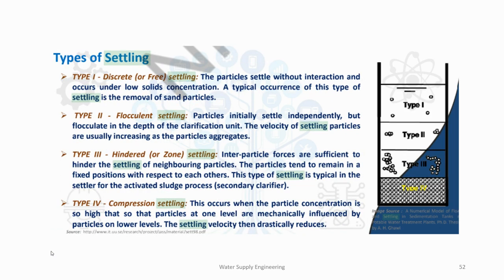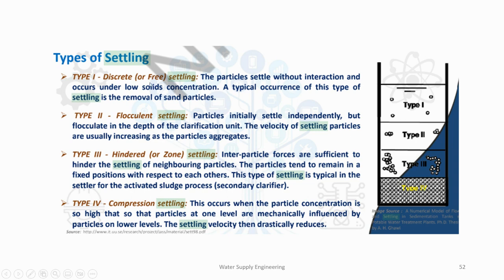So we have four zones of settling, starting from discrete or free settling, type 1, then type 2 settling or flocculent settling, type 3 or hindered or zone settling, and type 4 or compression settling.